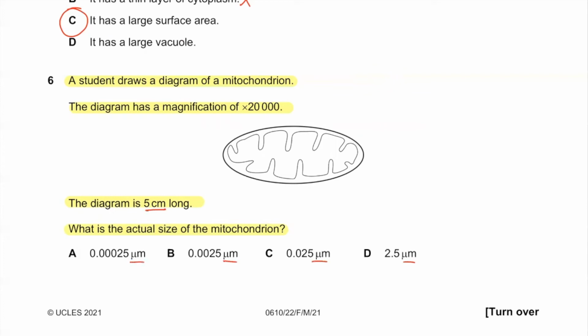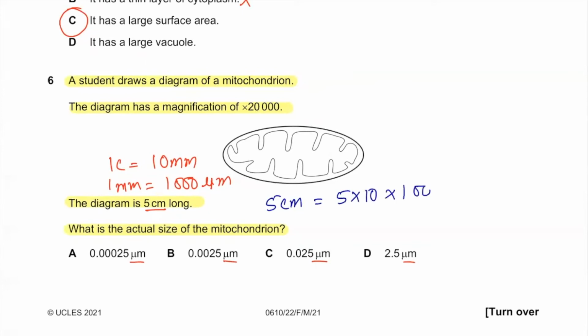So first of all, we need to convert this centimeter into micrometers. 1 centimeter is equal to 10 millimeters. And guys, 1 millimeter is equal to 1,000 micrometers. So the math will be pretty easy. All we have to do is multiply. So 5 cm is equal to 5 times 10 times 1,000. And that will be the micrometer answer.